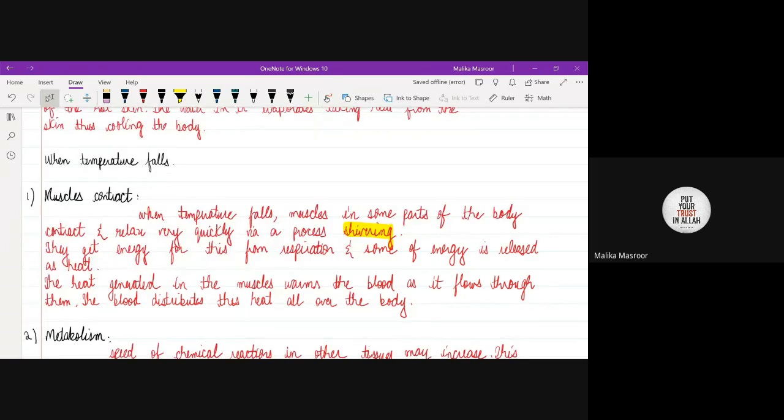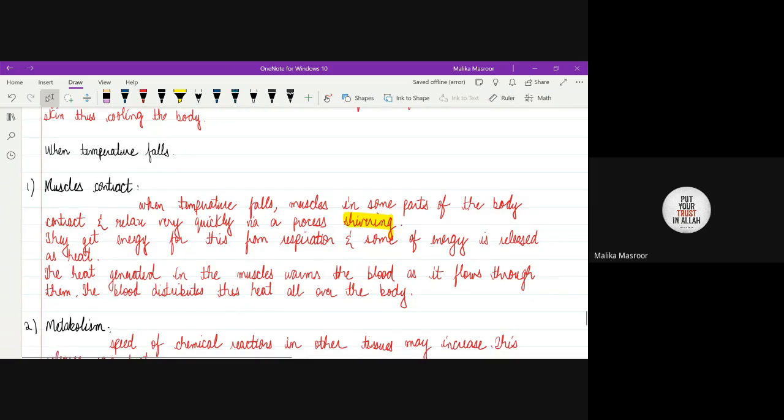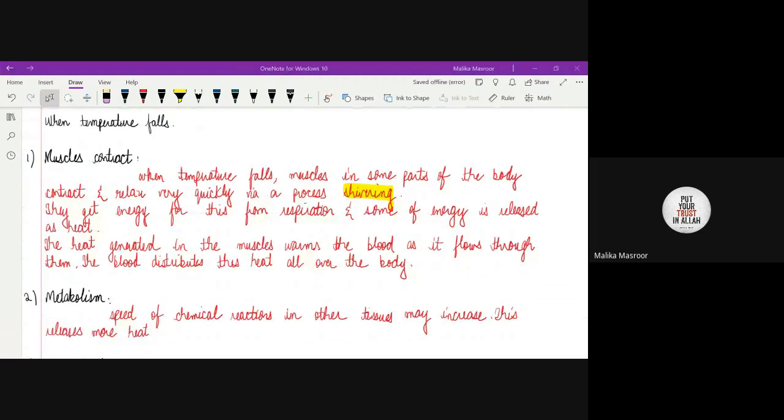When temperature falls, your muscles in some parts of the body contract and relax very quickly via a process called shivering. They get energy from this via respiration, which provides the ATP, and all the energy is released as heat. It's not intentional, it's a subconscious movement. Your body does it, and that releases and conserves heat.